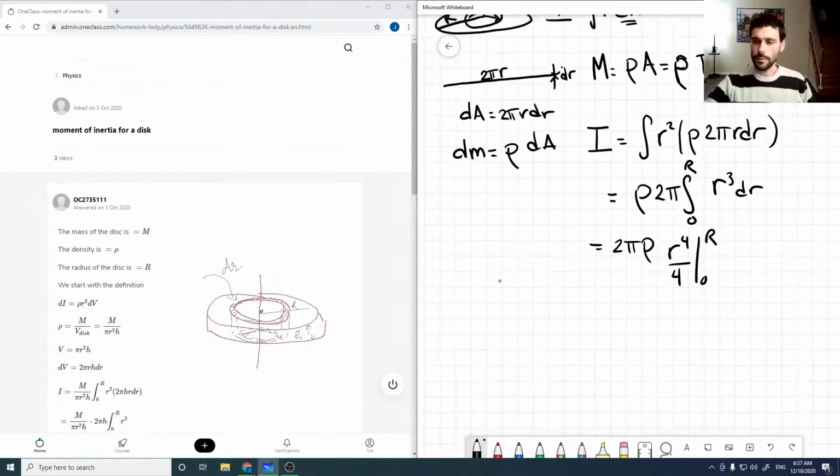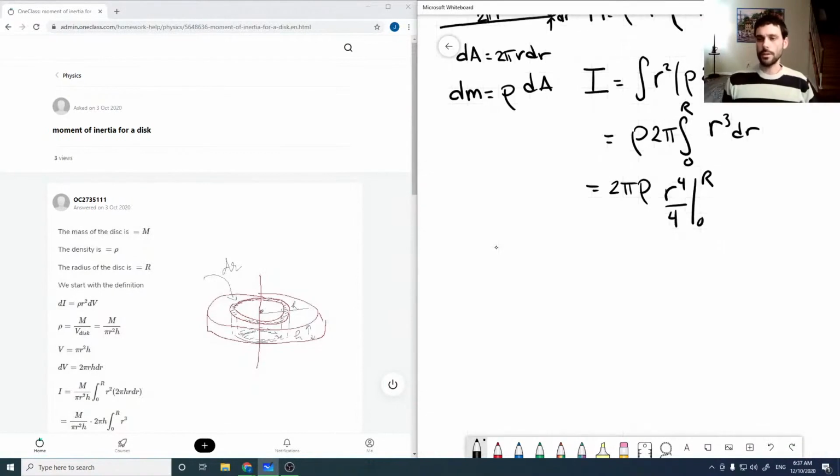And now when r equals 0, we can see that this is going to be 0, so we just need the upper limit. So then 2 pi rho R to the 4th over 4. And so we can cancel this 2, but we can also notice that we just defined our mass as rho pi R squared, and so that's in here.